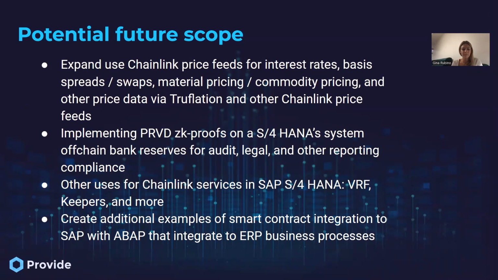And since you're dealing with a finance system, what if you could use that PRVD proof to do a zero knowledge proof verifying the bank reserves of an ERP? And of course, we'd love to do additional things with Chainlink inside of SAP, such as VRF, keepers, and so much more. And with that accounting problem solved to Web3 with the price feeds, now we can think about other smart contract integrations as well.